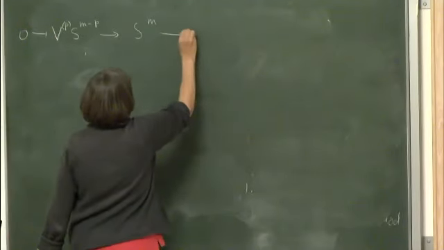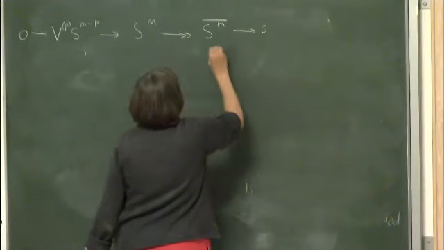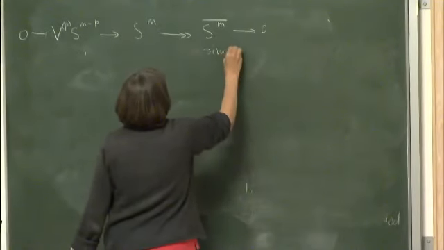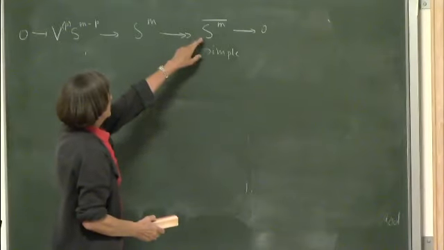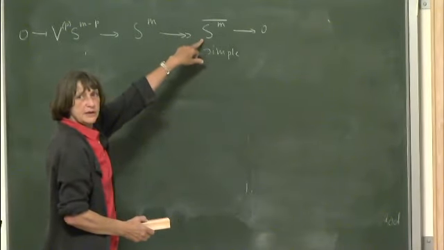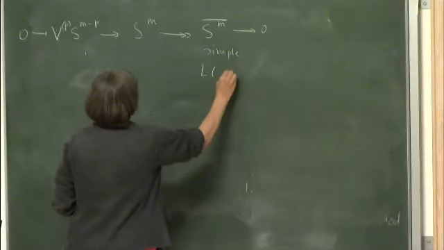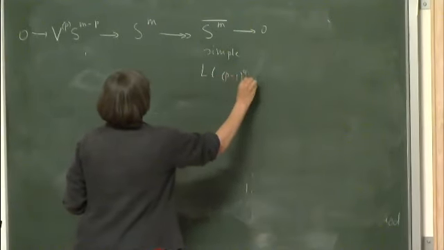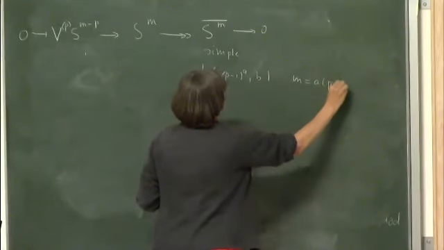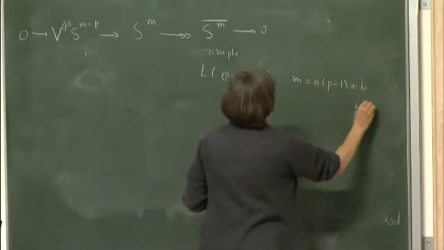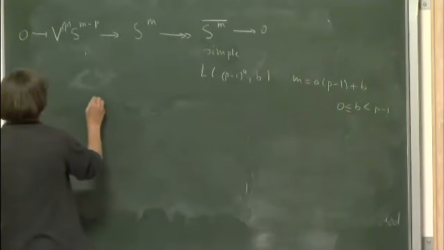Here you get a module which we called S^m bar, and this one is simple. So basically you take cosets of monomials where all degrees are at most p minus 1. It is simple, and it has highest weight (p-1)a + b if m is a(p-1) + b periodically, and b should be less than p minus 1. And so you get a p-filtration.